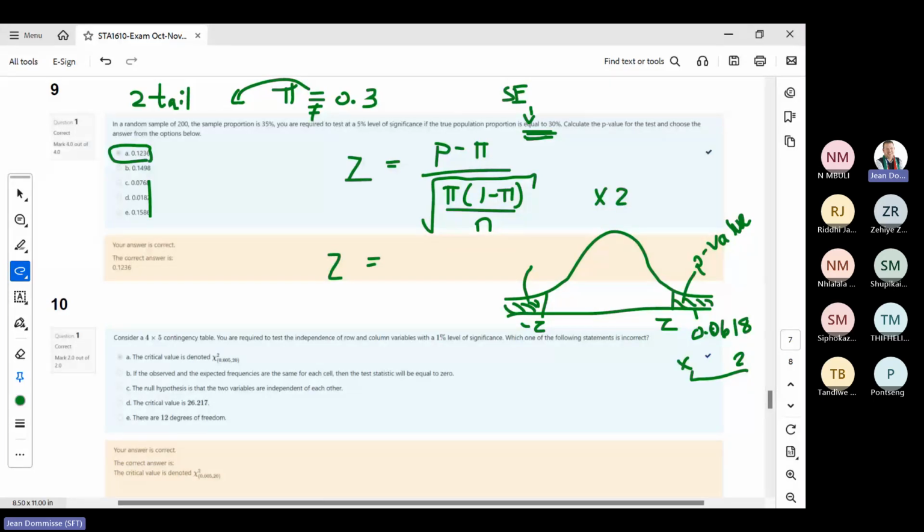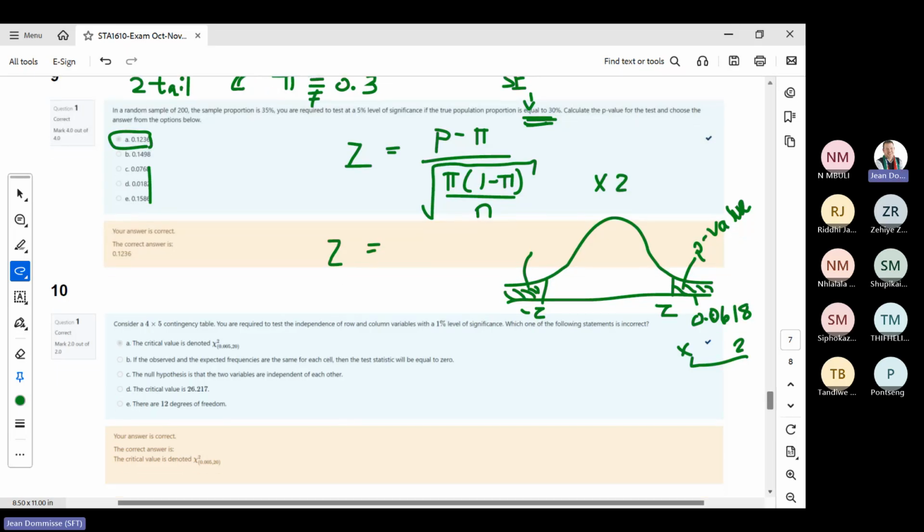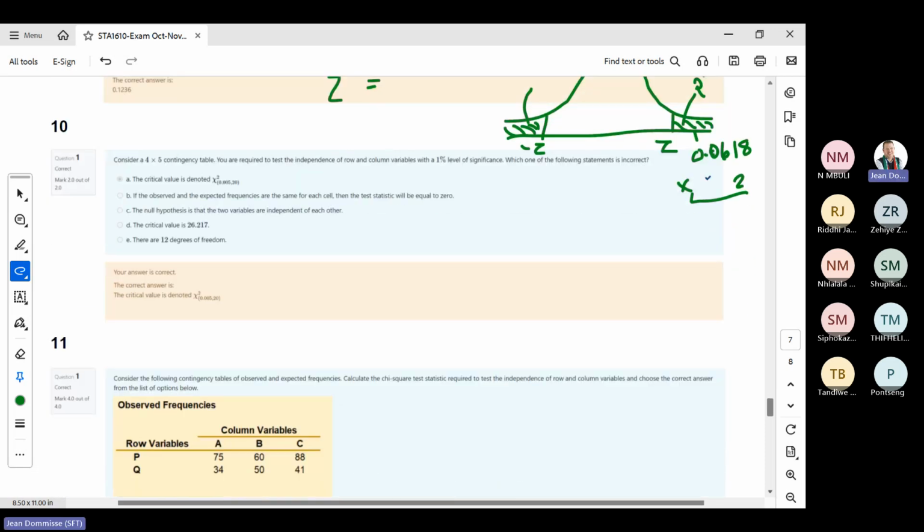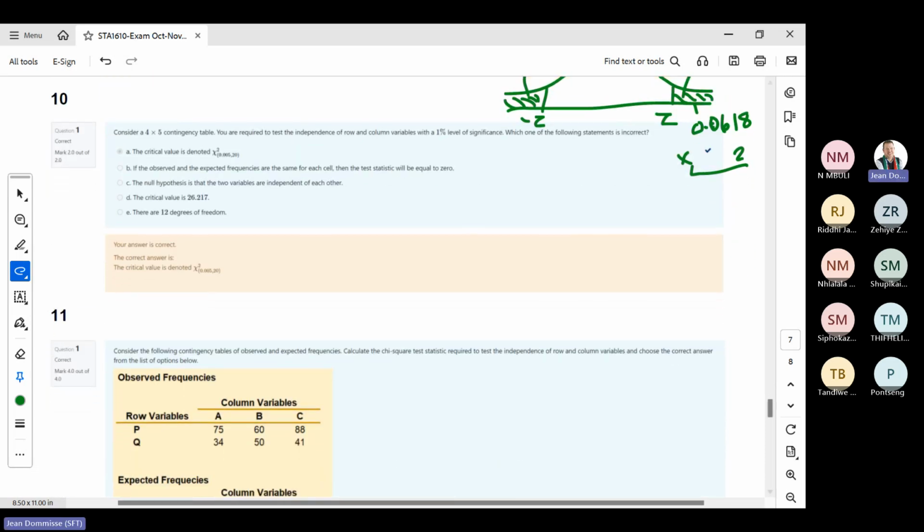If it's anything else, bigger or smaller, we're sitting with a one tail, but here we're sitting with a two tail. So whatever p-value you have, you need to multiply it by 2 because it is a two tail. So the important thing on question 9 was one tail or two tail.